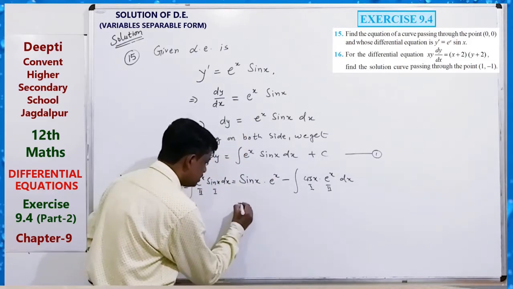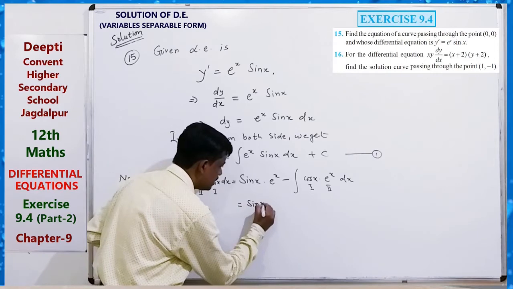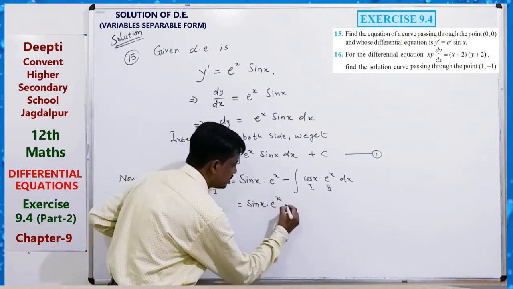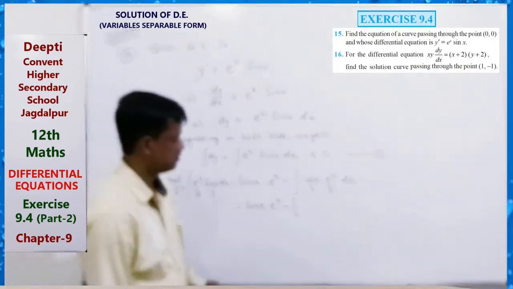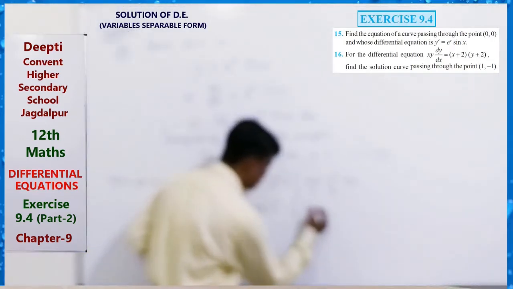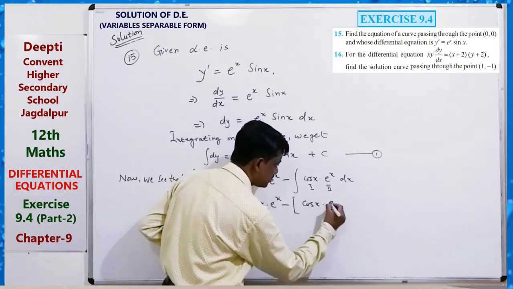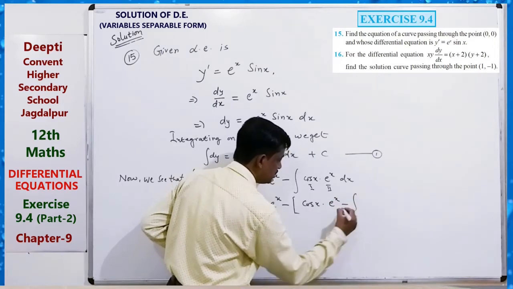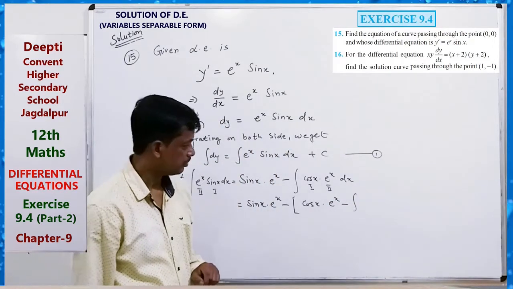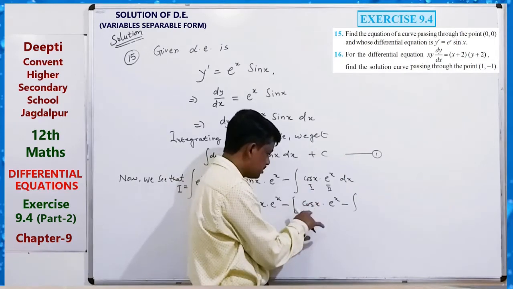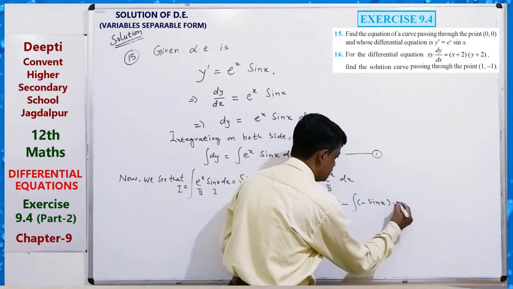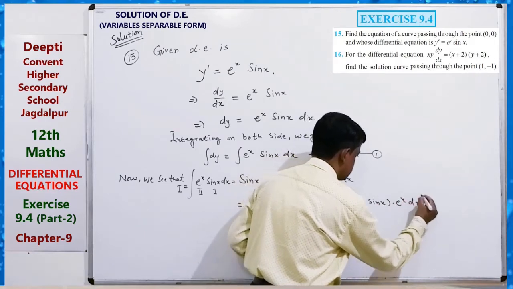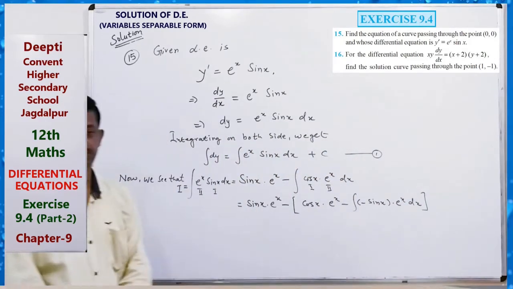So we get sin x e to the power x minus, again by parts, first function cos x into integration of second, minus integration of differentiation of first function, that is minus sin x, into e to the power x dx. Okay, we get this by parts.